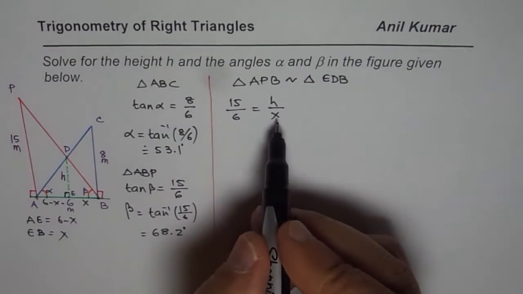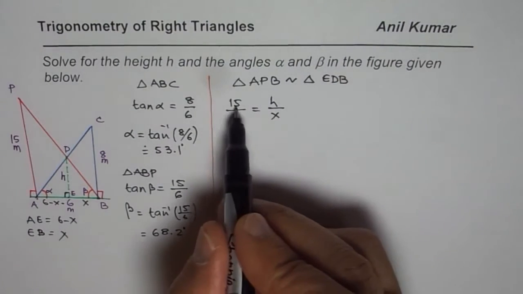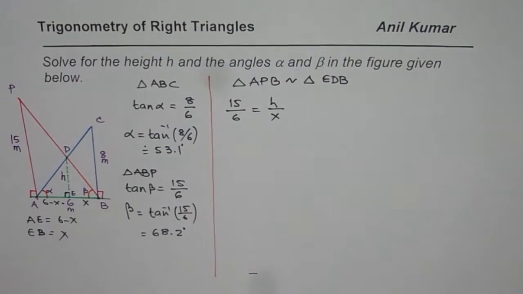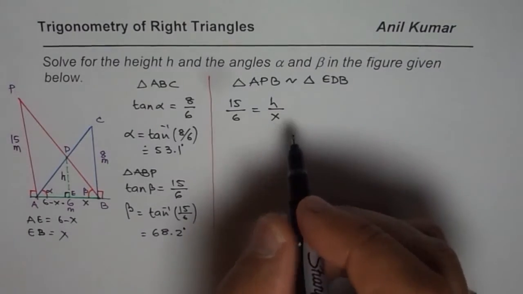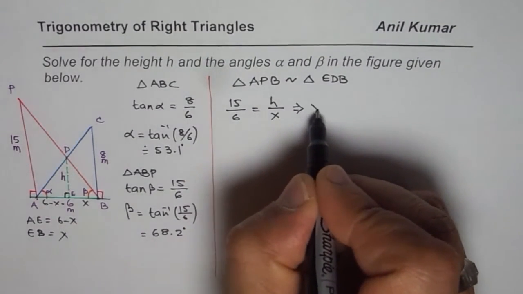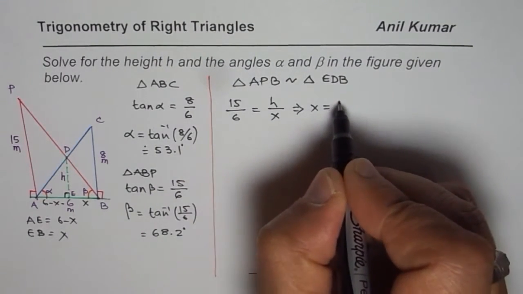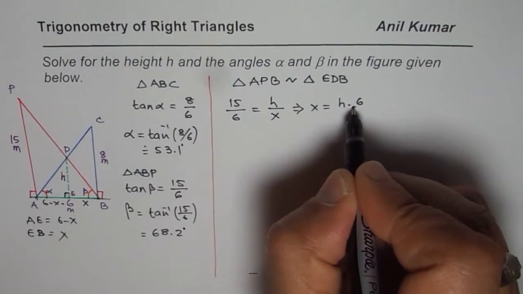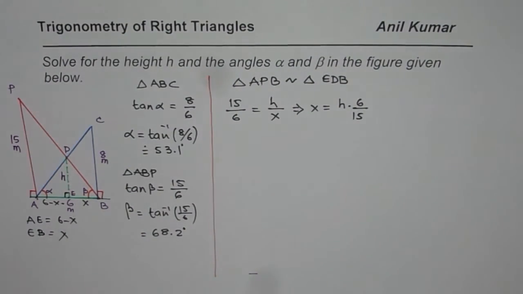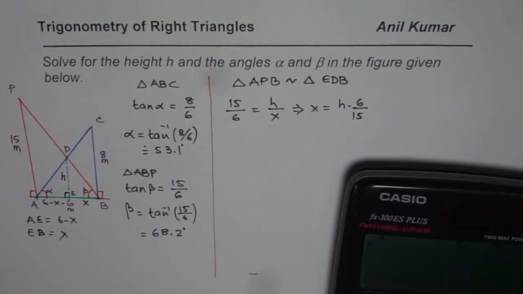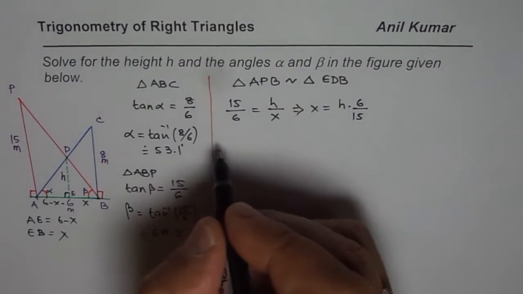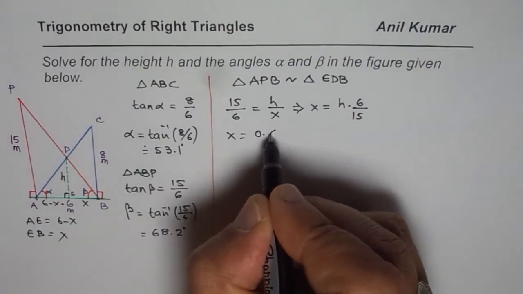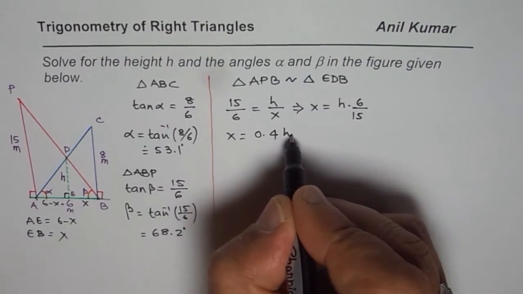From here we can write what x is in terms of h. This implies x is equal to h times 6 over 15. 6 divided by 15 is 2 over 5, in decimals 0.4. So we have x equal to 0.4h.